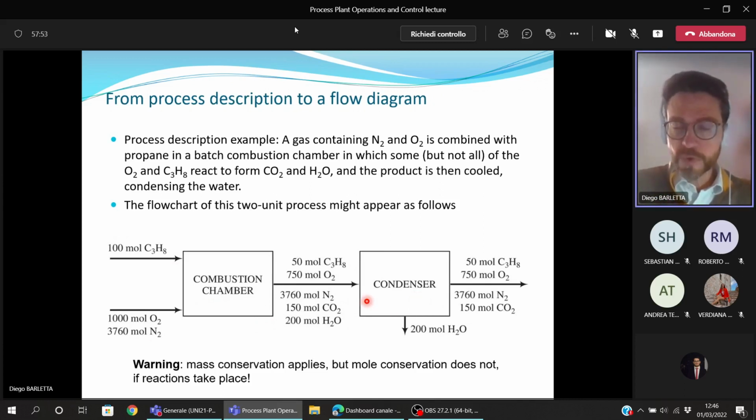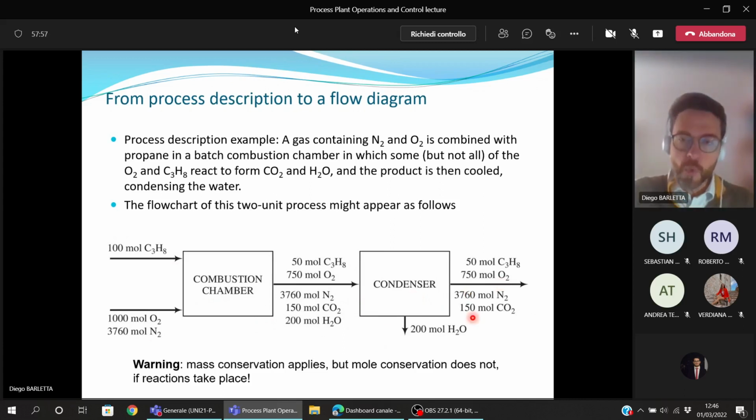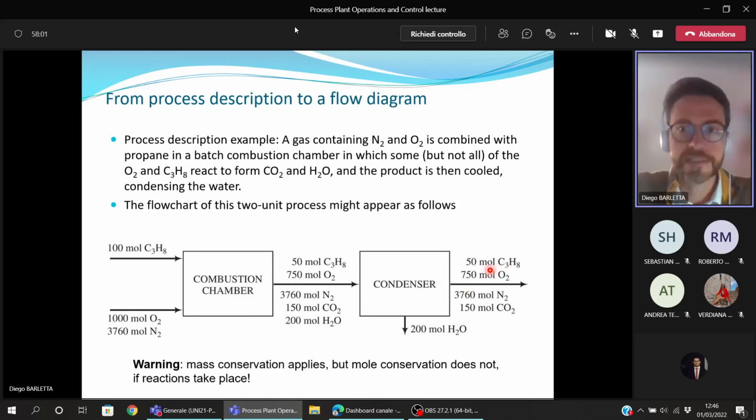And so in this condenser, we have 2 different output streams. One is given by a mixture of gases, propane, oxygen, nitrogen, and carbon dioxide, while the water is leaving the condenser as a liquid stream. In fact, it is a condenser. And so here we have the quantities.